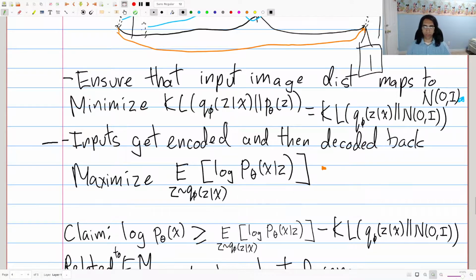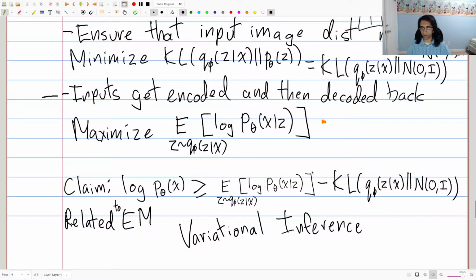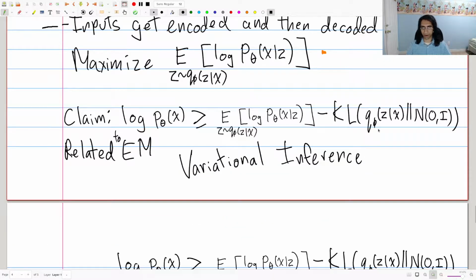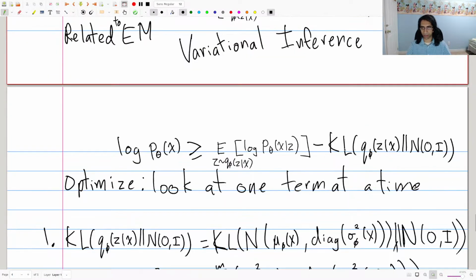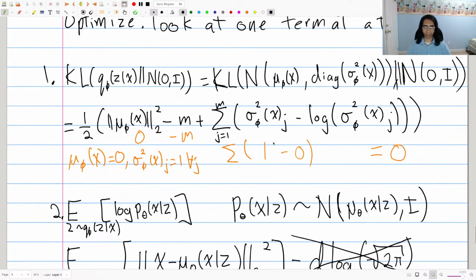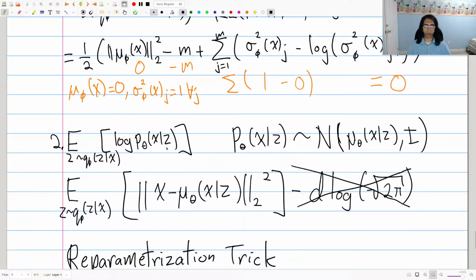We could simplify these two terms based on things we know about our network, using properties of Gaussians and expressions for KL divergence, and they give us two nice terms which are not too complicated in the end.